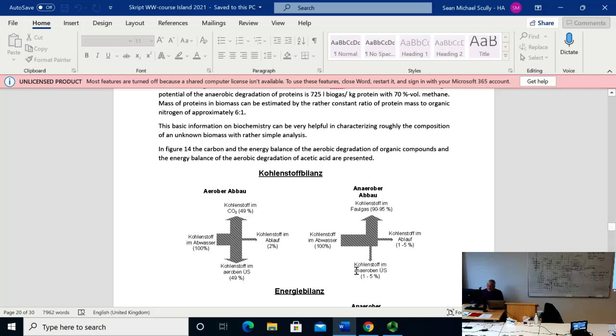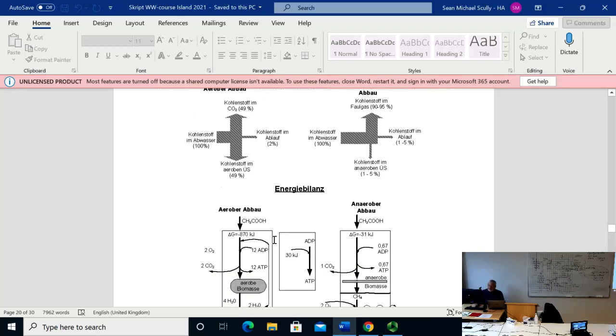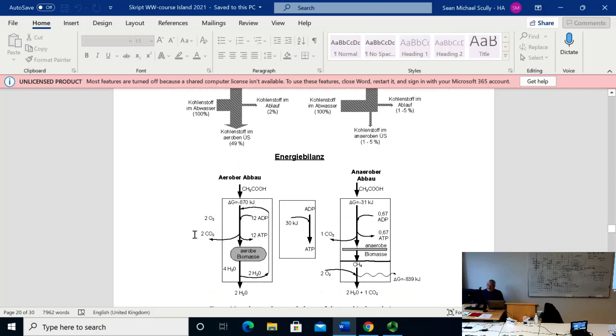And what else happens is that you have very low surplus sludge production. So to keep the anaerobic system stable, you really have to take care you don't lose too much anaerobic biomass. And this is also what you see here in the energy balance. This is in the form of ATP.